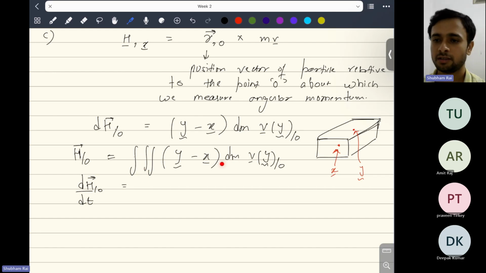We have not explicitly written it in terms of volume. Since mass is not going to change with respect to time, the limits of this integral will not be a function of time.